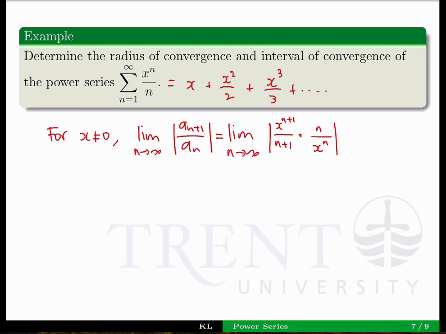This one here, we have the limit as n approaches infinity of the absolute value of x times n over n plus 1. So in here, notice that we can only cancel x to the n. And this one remains n over n plus 1. But as n approaches infinity, this expression is going to 1. So here, we will have the absolute value of x.